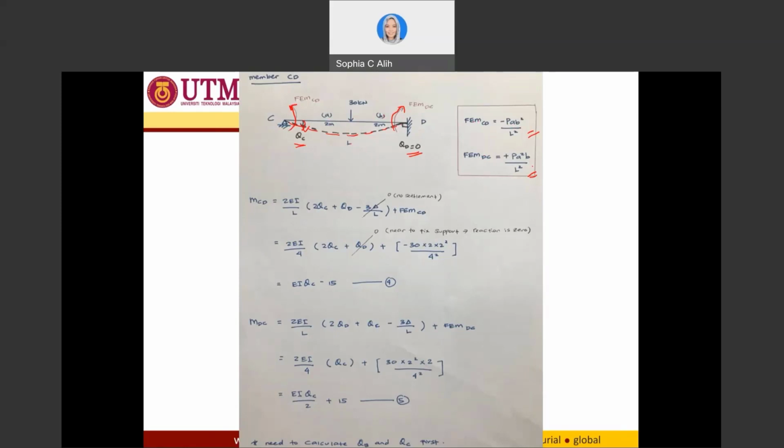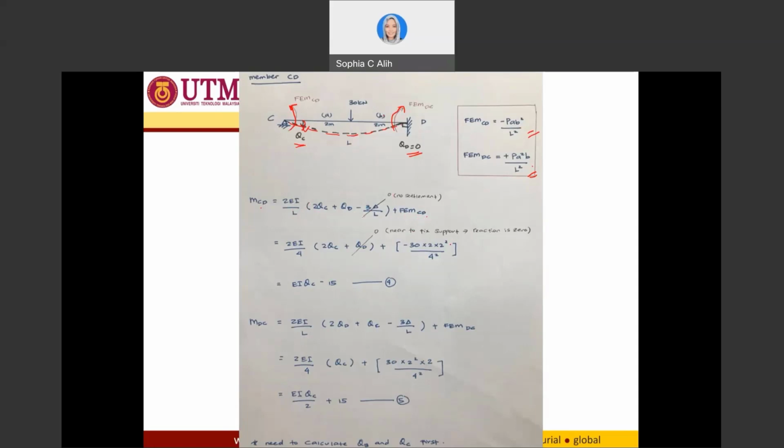In order to get the end moment for CD, I use this equation, similarly, like I have already derived it, 2EI over L, since this is C, so 2 theta C plus theta D. There is no settlement, so I cancel out this one, plus fixed end moment at the CD.